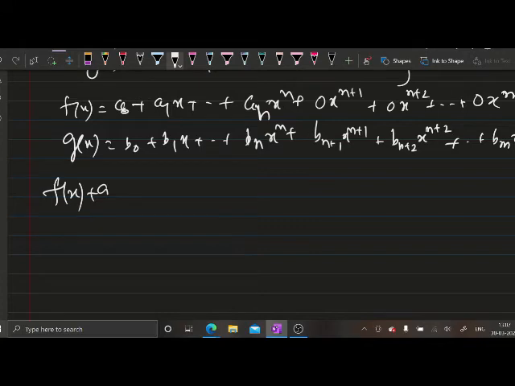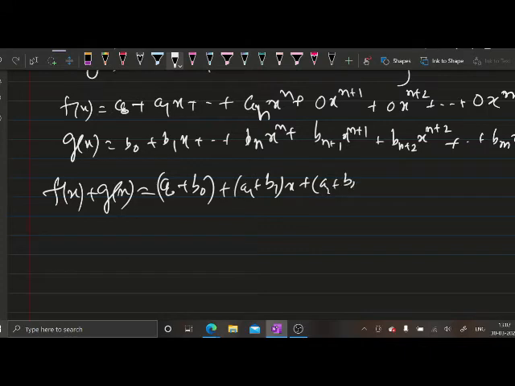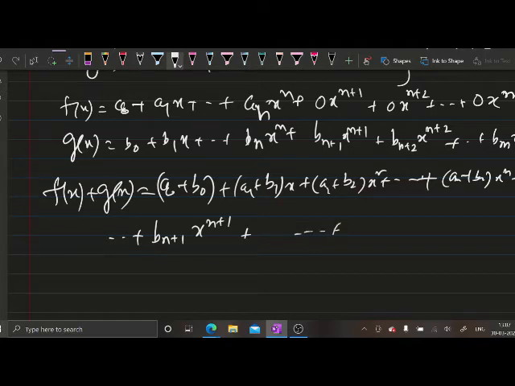If you take the addition of the coefficients component wise, that is a0 plus b0, a1 plus b1 times x, a2 plus b2 times x square, up to an plus bn x to the power n, plus 0 plus bn plus 1, that means it is bn plus 1, and the last one is 0 plus bm, that is bm. So this is the definition of addition of two polynomials.